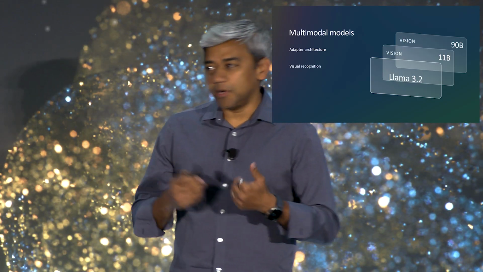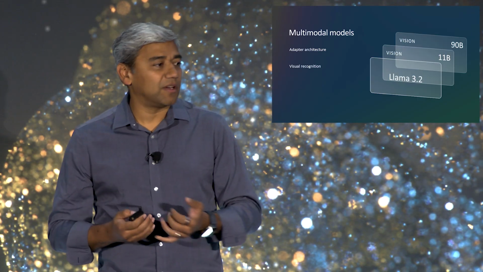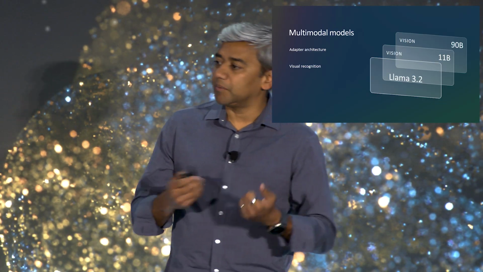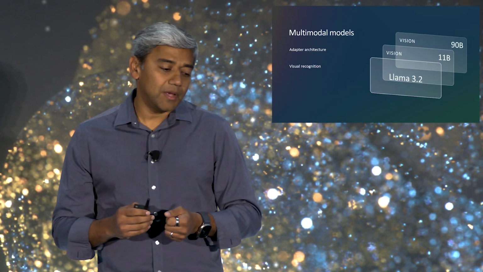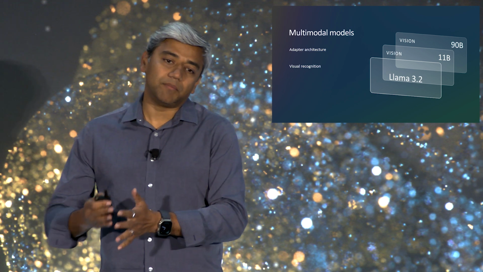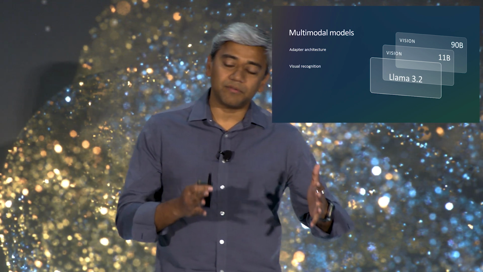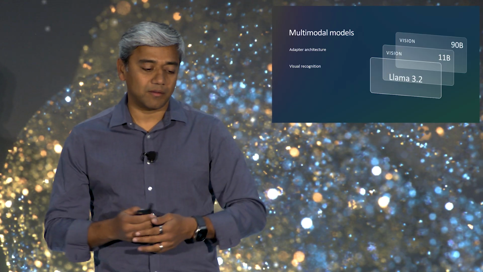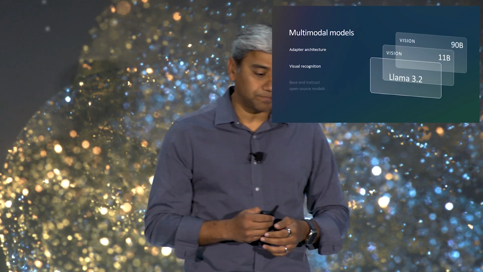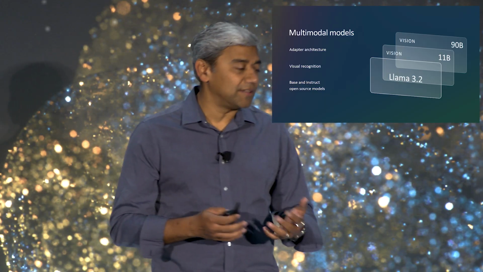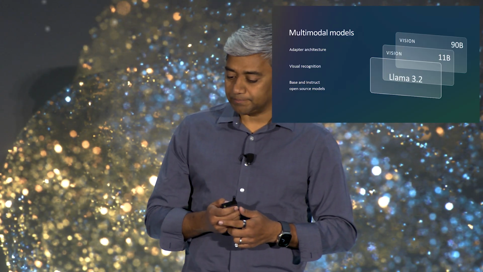And this allows for image recognition, so applications like OCR and even understanding charts and graphs become possible. And at the same time, the models have the same capabilities as before in terms of the text capabilities that they already have. And we released in open source both the base and the instruct models.